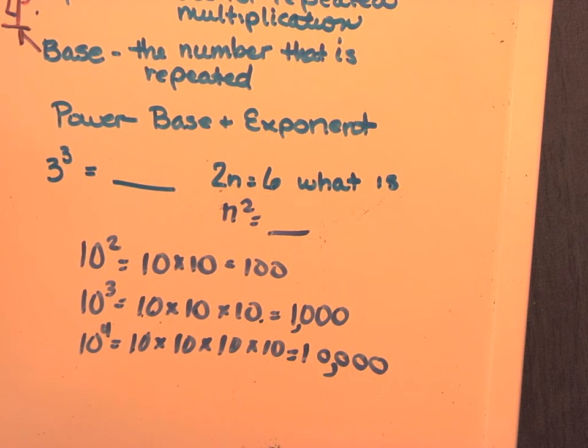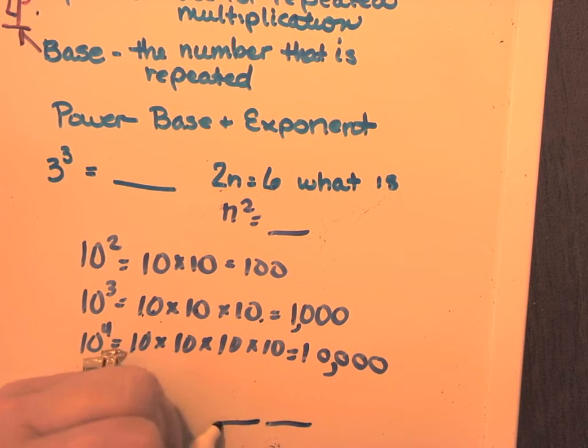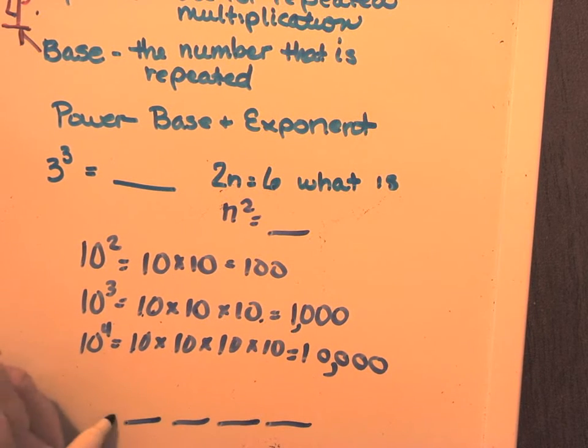Now, I want you to think about our place values. Let's say this is the ones column. The ones column would be 10 to the 0 power.